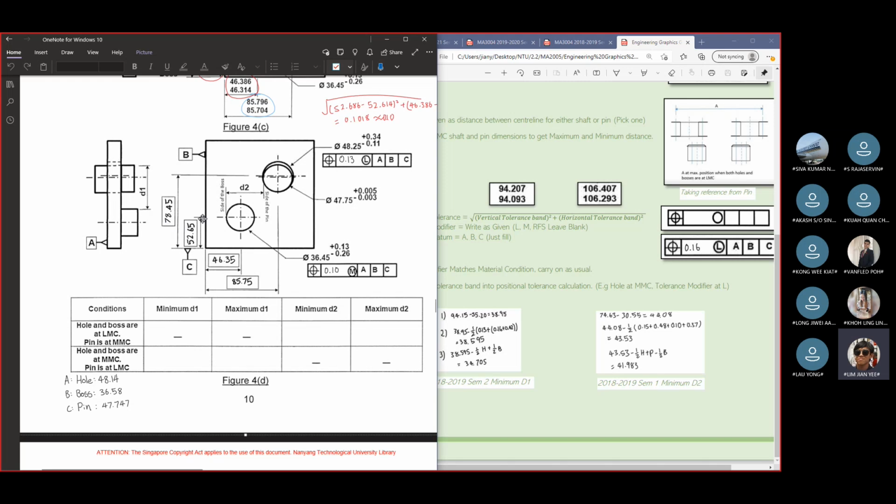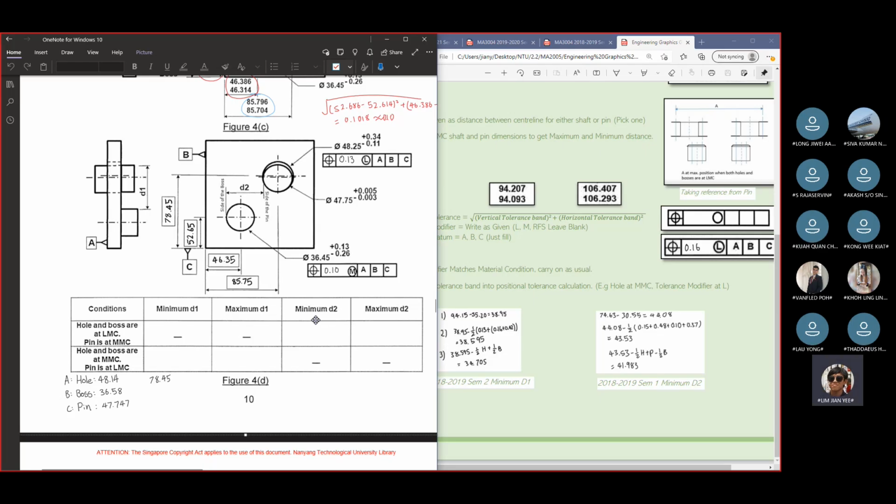How do you get the basic dimensions for D1? You just take 78.45 and minus 52.65. 78.45 minus 52.65 equals 25.8. So 25.8 is this distance.